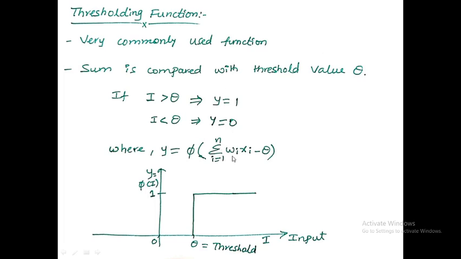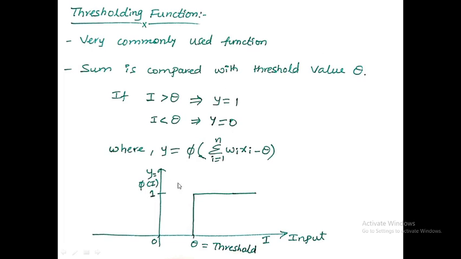This weighted sum is denoted as capital I. Further, if you want to write this equation, y is equal to phi of capital I minus theta. If capital I is greater than theta, your output is equal to 1, else y is equal to 0. Like that, we are providing this threshold function.